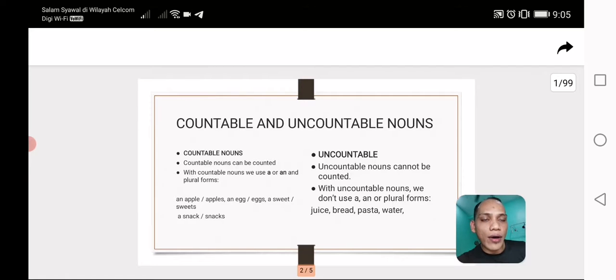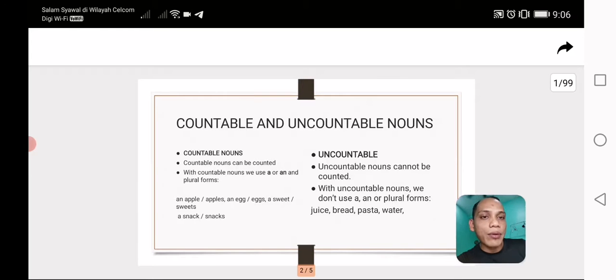For an example, since we are in the topic of food, you look at the first example, an apple, maknanya sebiji buah apple. Kalau ada banyak apple, we just add s, apples. Faham? An apple, apples.